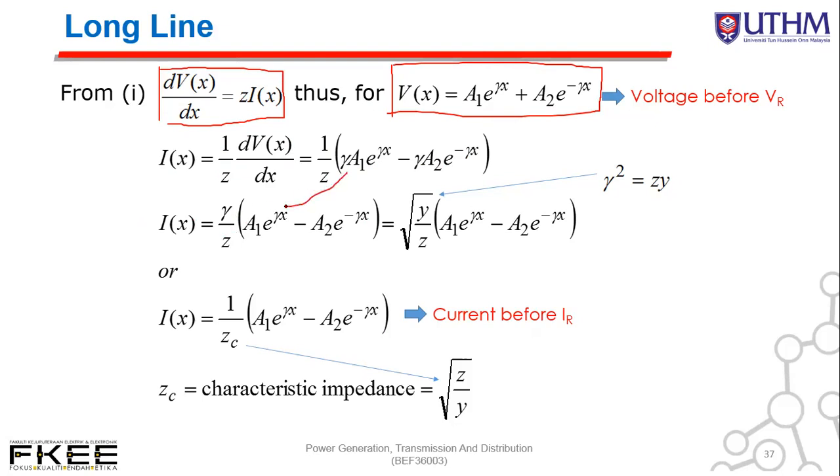We just bring this gamma out from this equation, so we got Ix equal to γ over Z times (A1 e^(γx) minus A2 e^(−γx)).